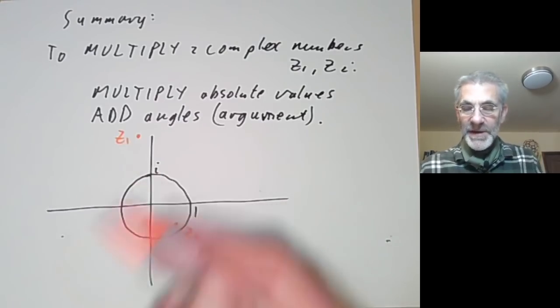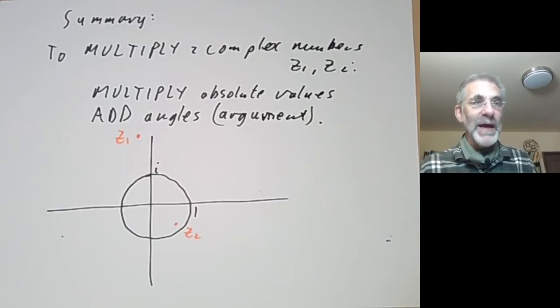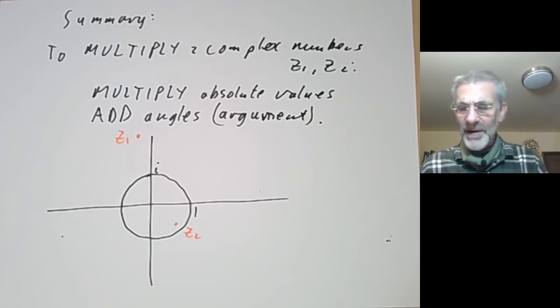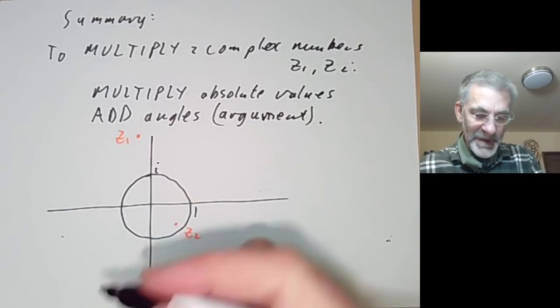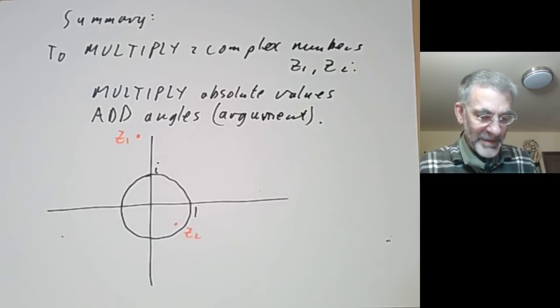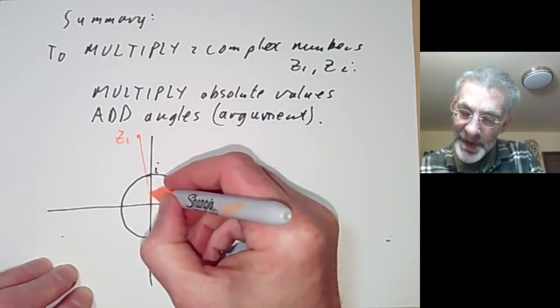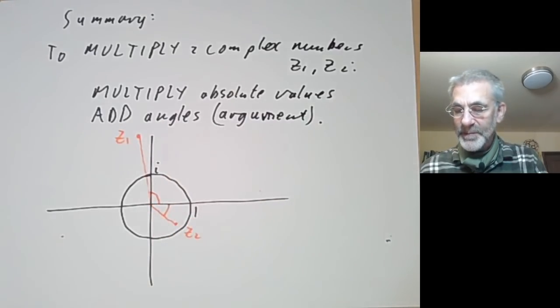And what I want to do is to figure out where z1 times z2 is without doing any calculation. You just want to do it kind of by looking. So what we do is you first look at the arguments of these numbers. So the argument of z1 will be this angle here, and the argument of z2 will be this angle here.